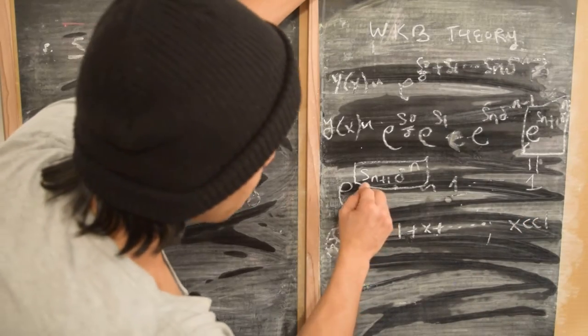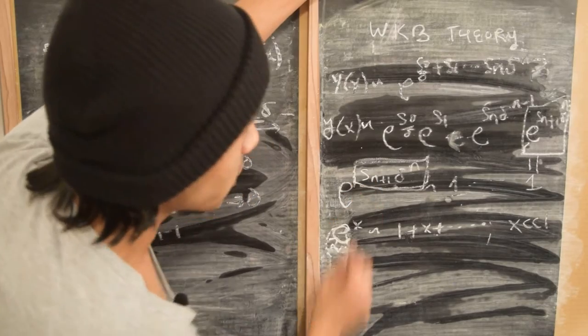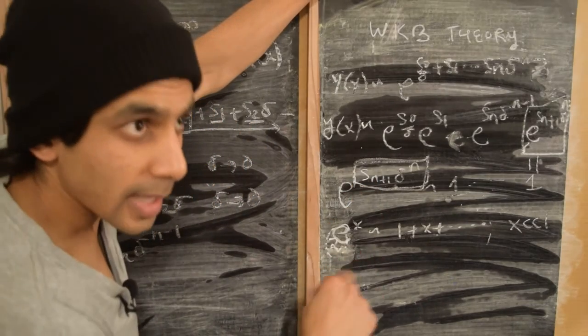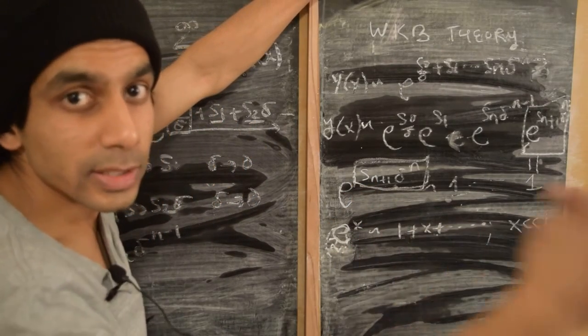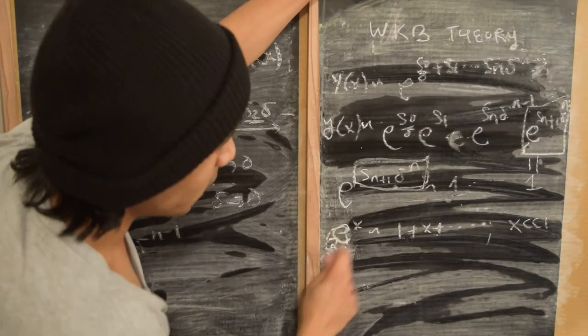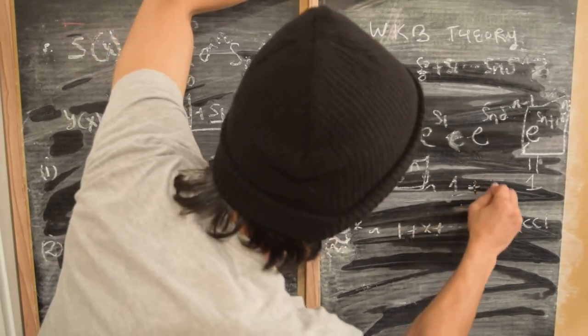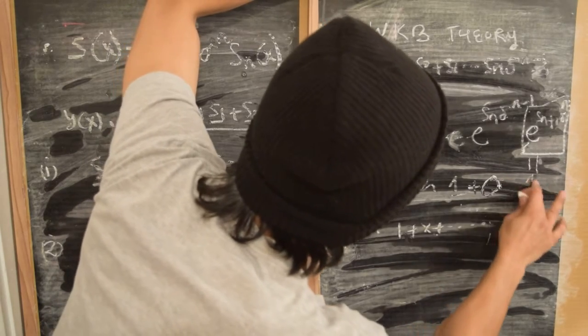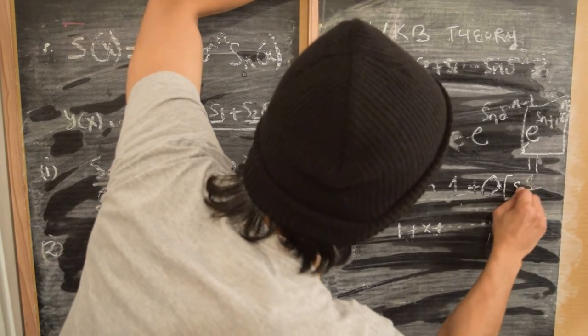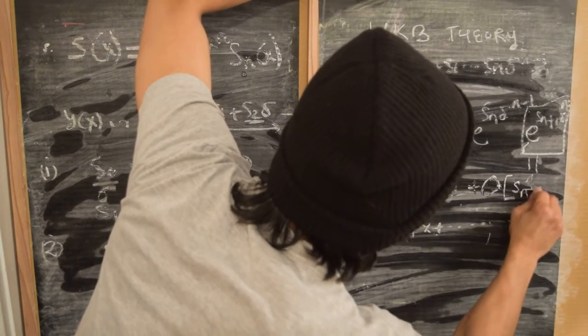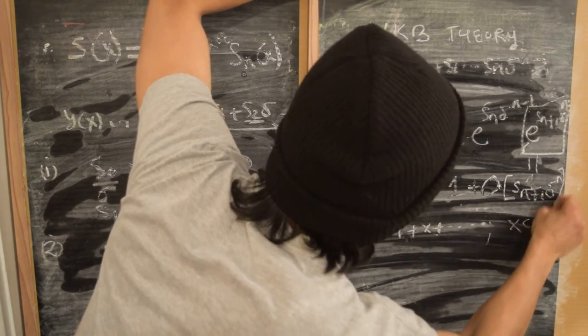So what we want is that the term that we are ignoring, S n plus 1 times delta to the power of n, be much less than 1, because if that's true, then we can approximate e to the power of S n plus 1 delta to the n as 1 plus something that's of order S n plus 1 delta to the n.